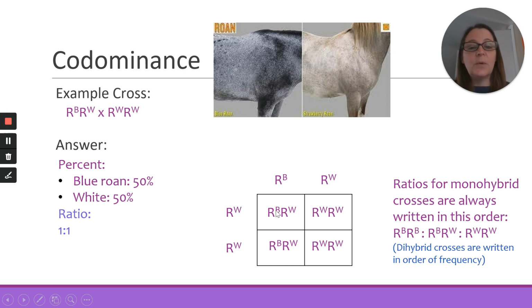So if you count these up, it would be 2 to 2, and then you reduce it to 1 to 1. We don't have the homozygous dominant, so we just have those two. And you don't have to explain what the ratio means. It should be evident to the person who's looking at it, which in your case would be me.